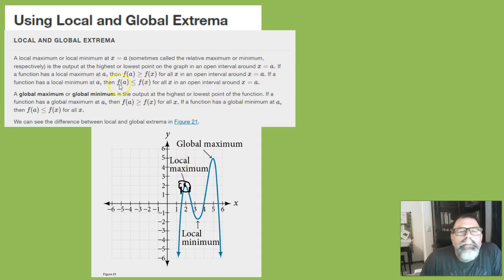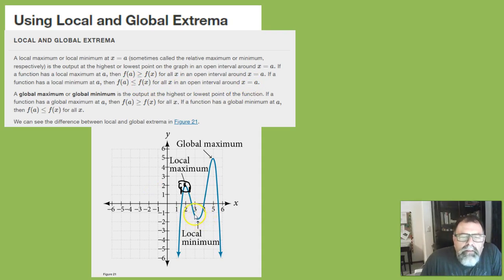All right, so if a function has a local maximum at a, then f of a is greater than or equal to f of x for all x in that open interval around x equals a. If a function has a local minimum at a, then f of a is less than or equal to f of x for all x in that open interval around a.